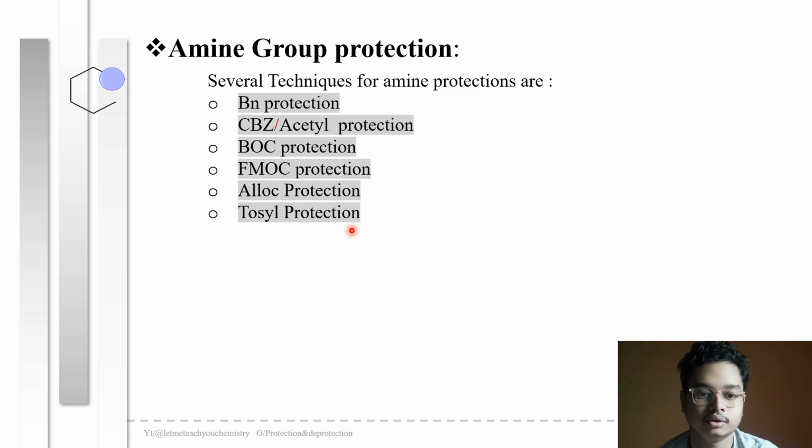If we know one type, it will be easy and our job is done. Our job is simply to protect the amine group, so why do we need so many? Because each type of protection has its own unique properties for a particular reaction pathway, and that's why all these protection strategies have their own significance in a particular study.